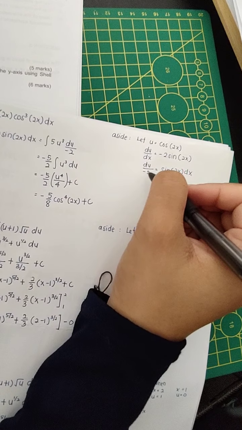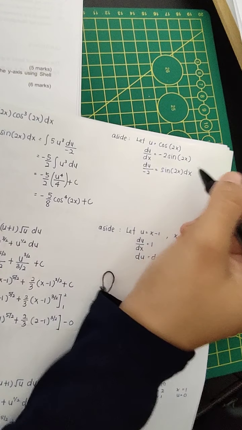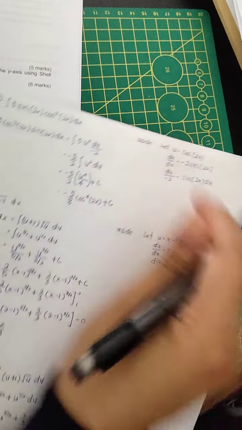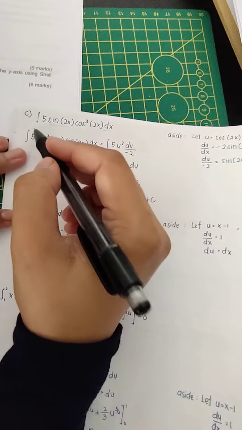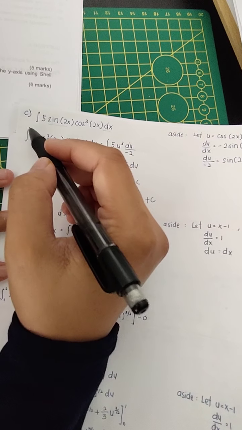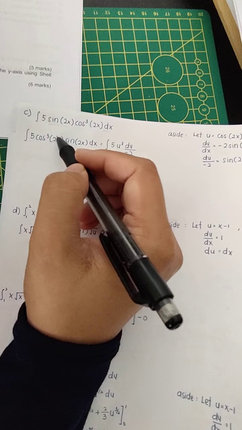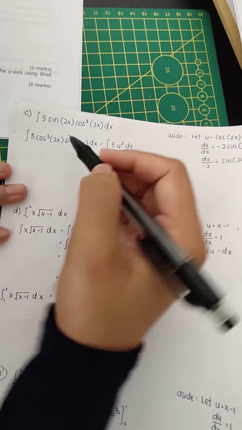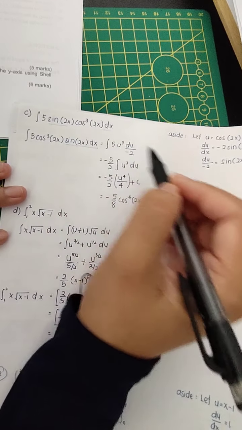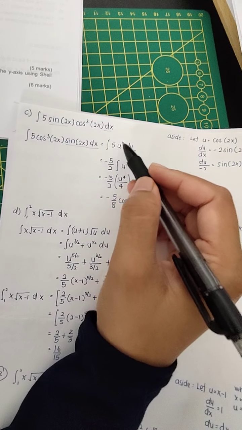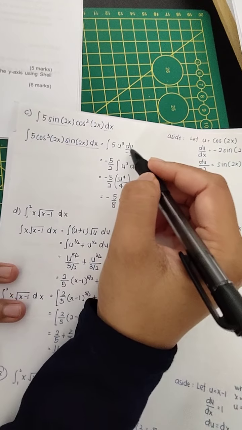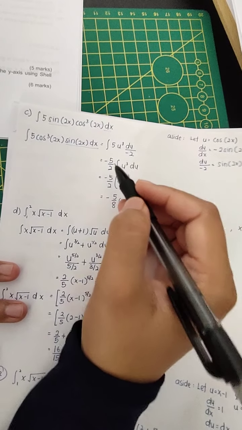So, du over negative 2 is equal to sin 2x dx, which is kita boleh cancel out yang ini, sin 2x dan dx. Okay, so saya susunlah balik supaya lebih senang. So, integration of 5, saya bawa cos cube 2x ke depan, cos cube 2x sin 2x dx ni equal to du over negative 2. So, that's why kita dapat integration of 5u cubed du over negative 2.